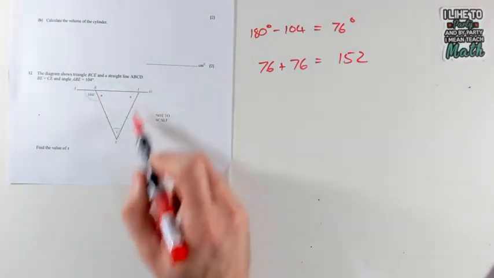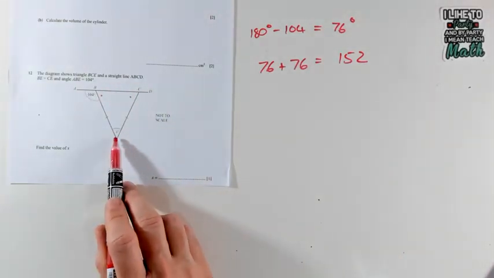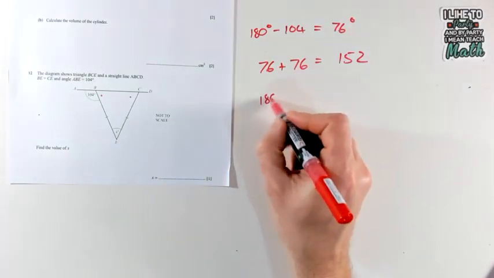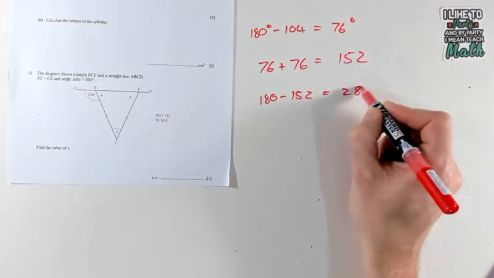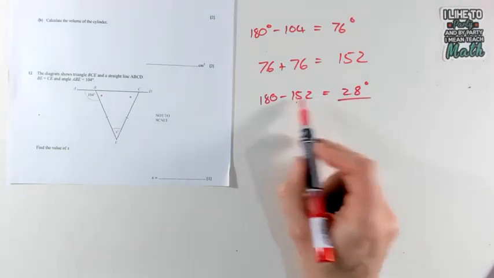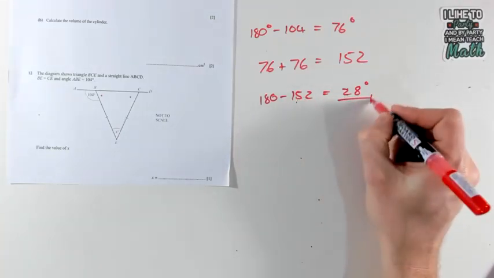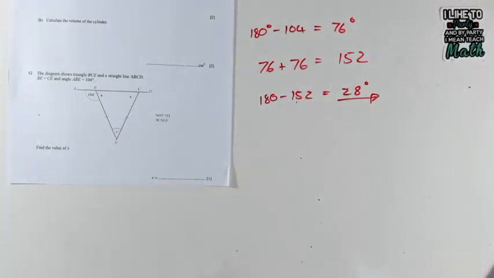But I know the interior angles of a triangle add up to 180, so it's 180 minus 152, which would be 28. Just check: 50, 60, 70, 80. Yeah, so 28. And that's a wrap for this test. I hope you enjoyed this.